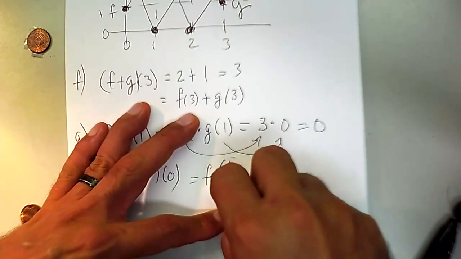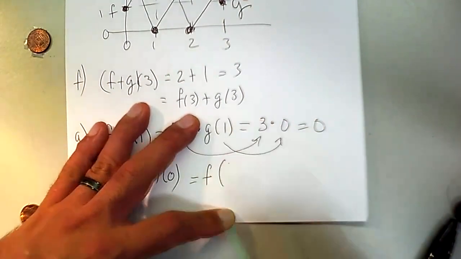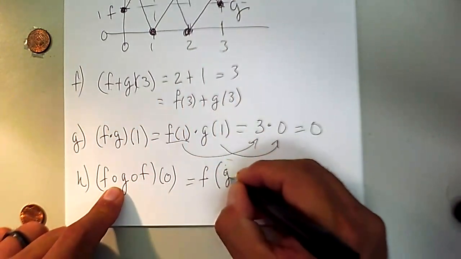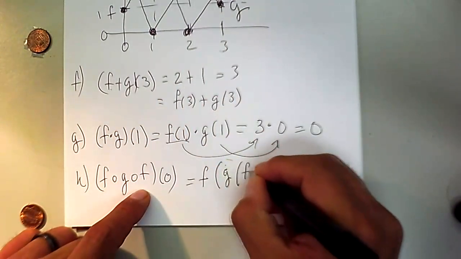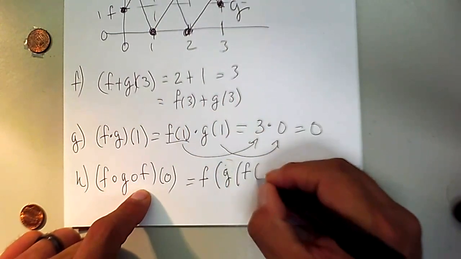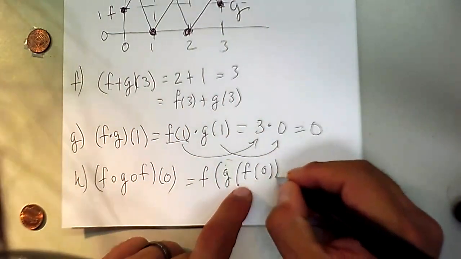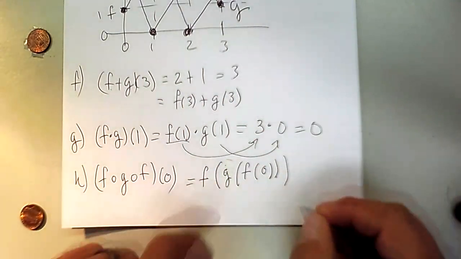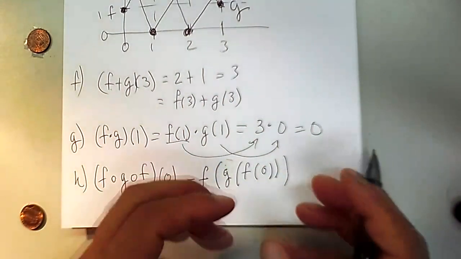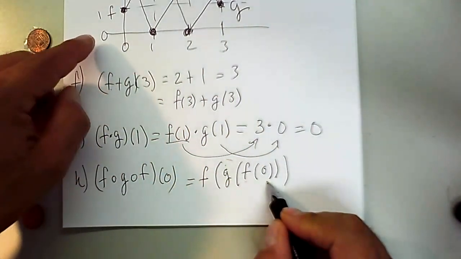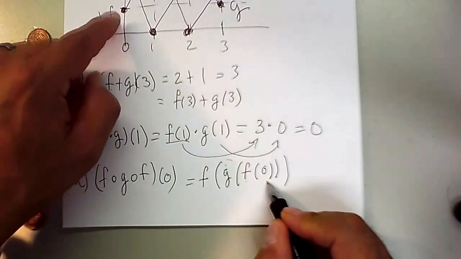F of G of F of 0. So close this parenthesis, close one, close that one. Okay. So we go from the inside out. What is F of 0? F of 0 is 1.